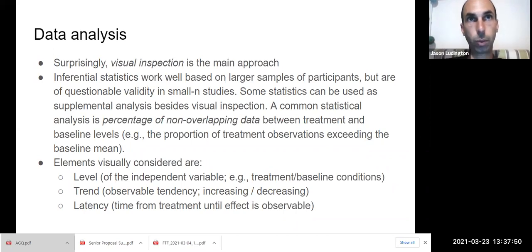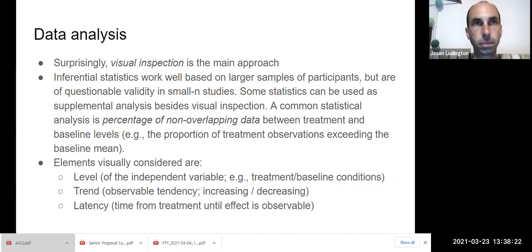Despite the overlap, we can see good, strong evidence of an effect of the treatment by looking at the percentage of observations in the treatment that are higher or lower than baseline. I say above or below; it really depends on the study.